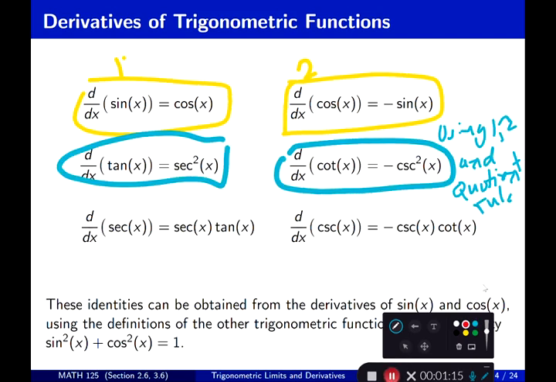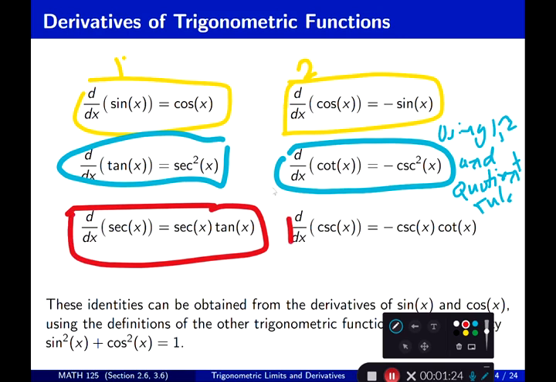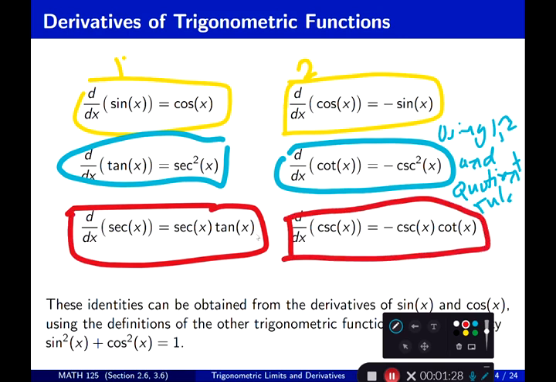Then we can use again 1 and 2 and the generalized power rule to prove that derivative of secant x is equal to secant of x tangent of x, and derivative of cosecant of x is negative cosecant of x times cotangent of x.